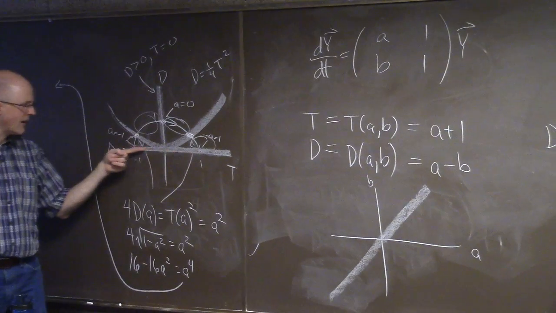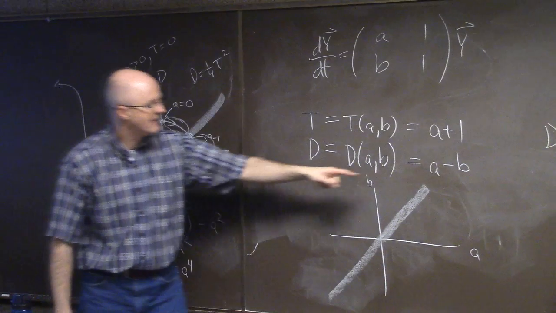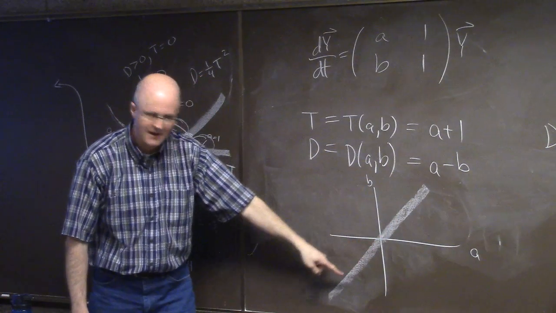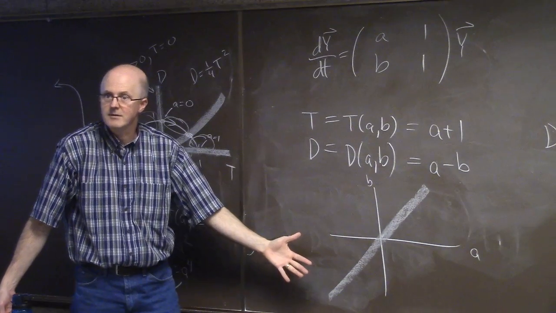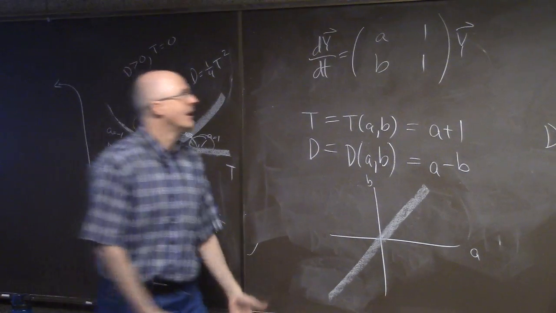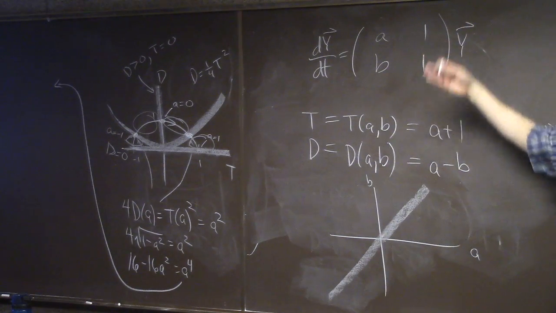This is where you have 0 as an eigenvalue. When A and B are equal, 0 will be an eigenvalue. You'll have infinitely many equilibrium points, which isn't surprising when you think about it. When A and B are equal, these two rows are going to be multiples of each other.